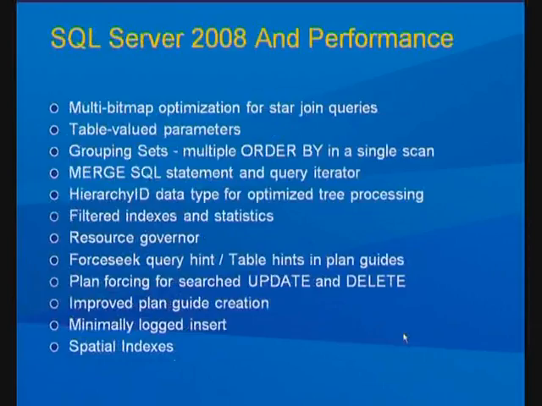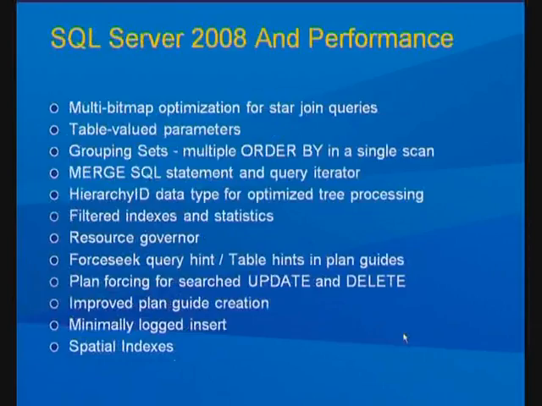SQL Server 2008 attempts to solve 2 of the big problems in relational design. One big problem that relational cannot handle that well is hierarchical design. And in SQL 2005, they introduced recursive common table expressions. In SQL 2008, they introduced a new data type called hierarchy ID.